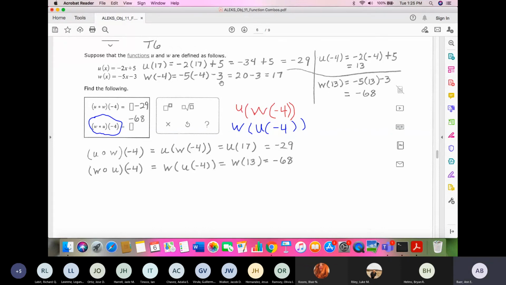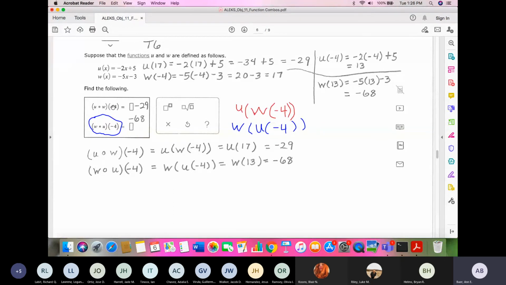We're going to take this 13, plug it in for x here, and get -5 times 13. We're putting the 13 in for x, so -5 times 13 minus 3. So -5 times 13 minus 3 turns out to be -68. So -68 goes in here.